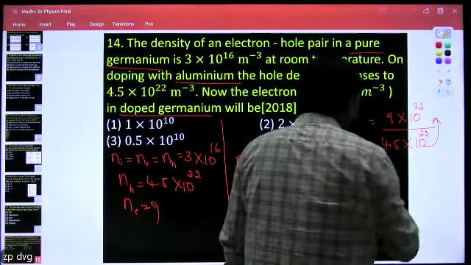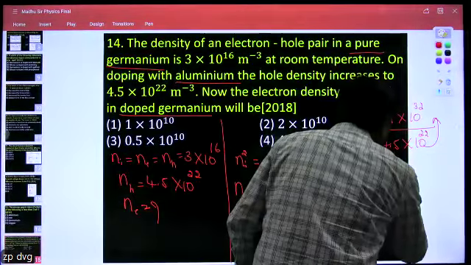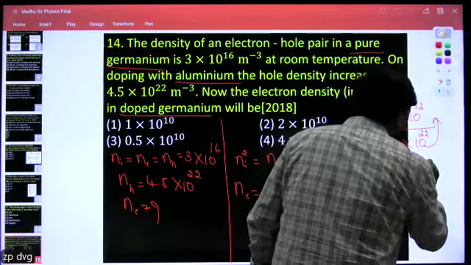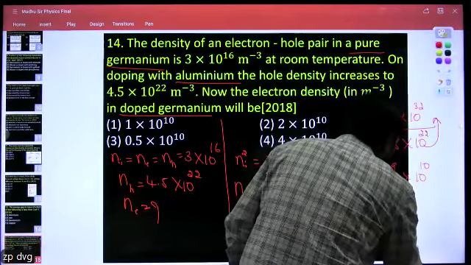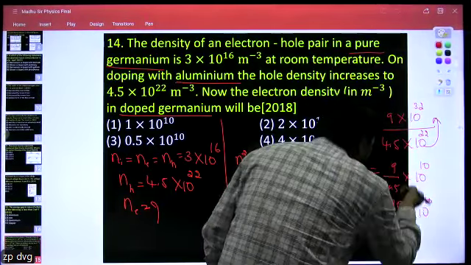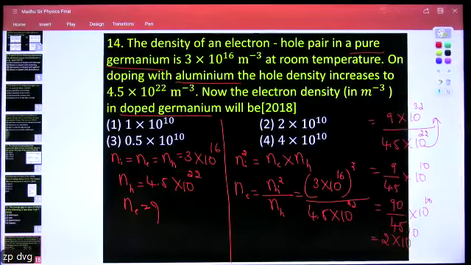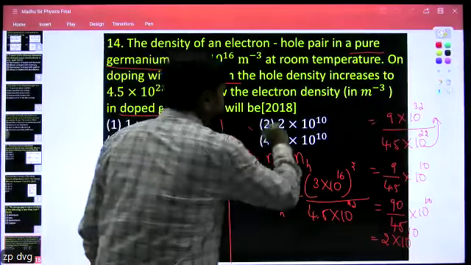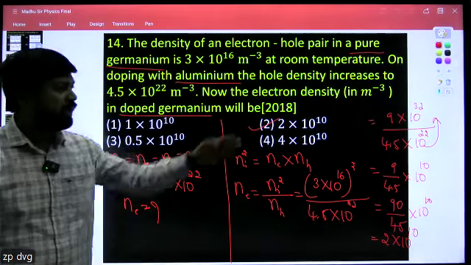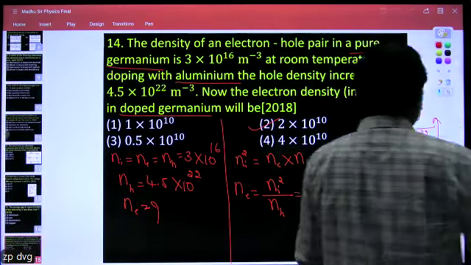The 10 power plus 22 shifts to the numerator and becomes minus 22. Therefore, 9 by 4.5 into 10 power 20, and 32 minus 22 leaves 10. So 90 by 45 into 10 power 10, which is 2 into 10 power plus 10. Option 2 is right. Now the electron density in doped germanium will be 2 into 10 power plus 10. Next, we can switch on to the next question.